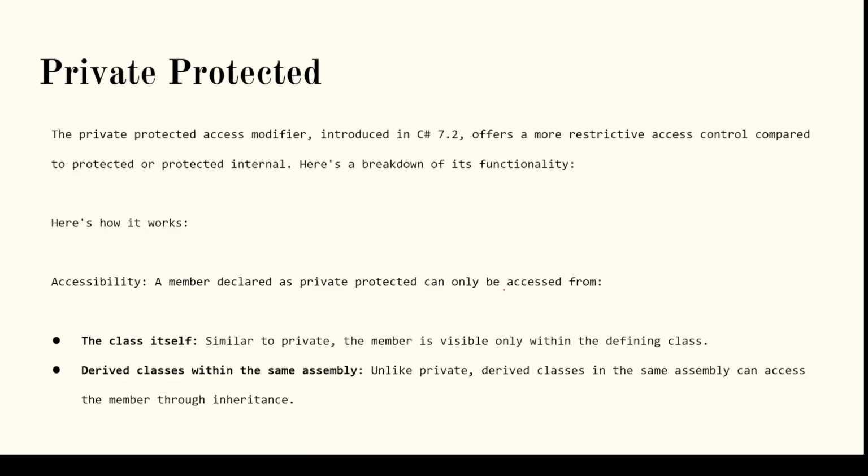So this was the private protected access modifier. It was introduced in C# 7.2 and it offers more restricted access control compared to protected or protected internal. As we have seen, it is available within that class itself and to the derived classes within the same assembly. Let's see the difference between protected and private protected.